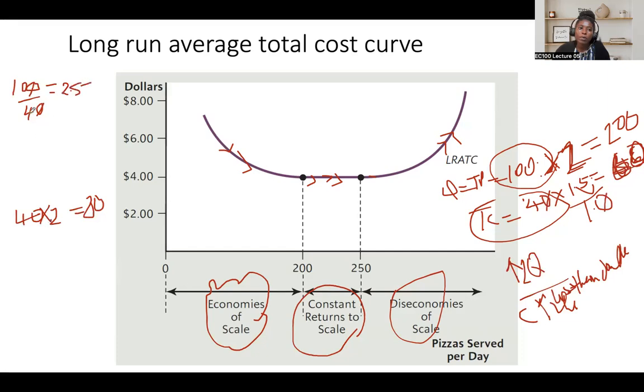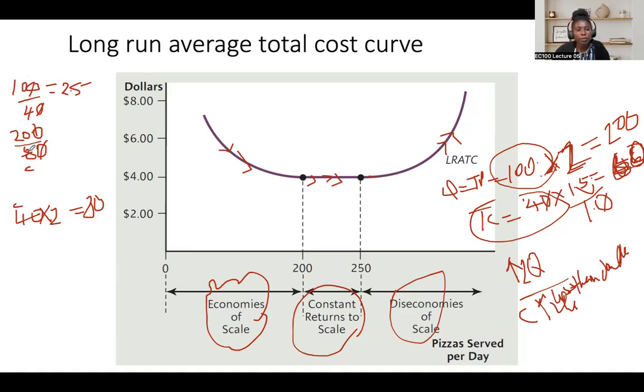Now, if you double, your output is 200. If you double, and the cost has also doubled, 40 times 2, it's now 80.